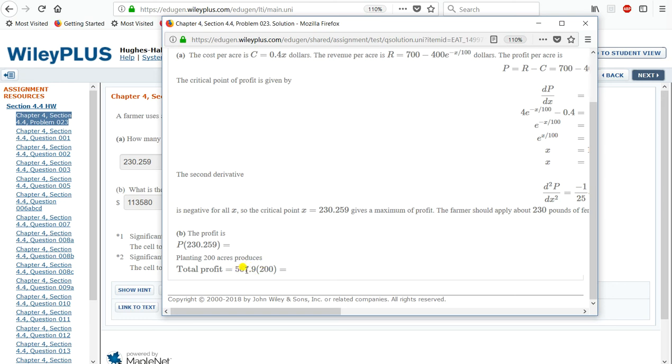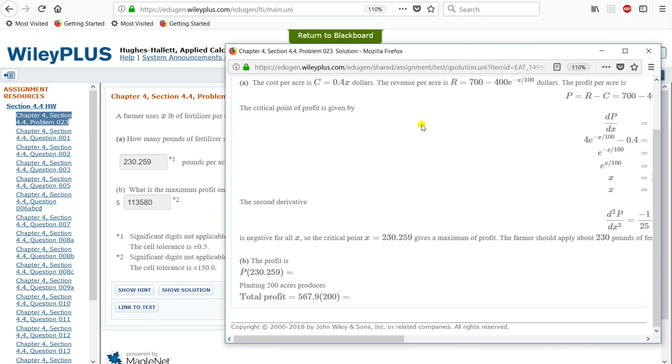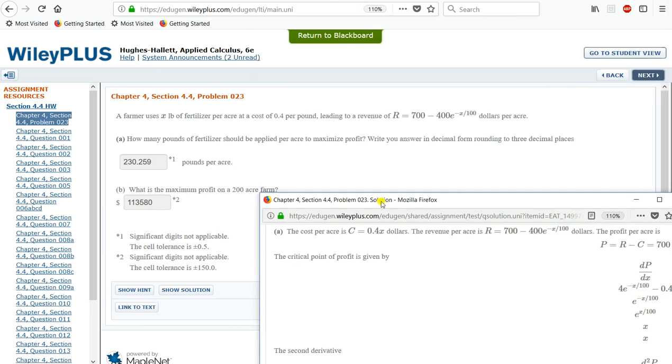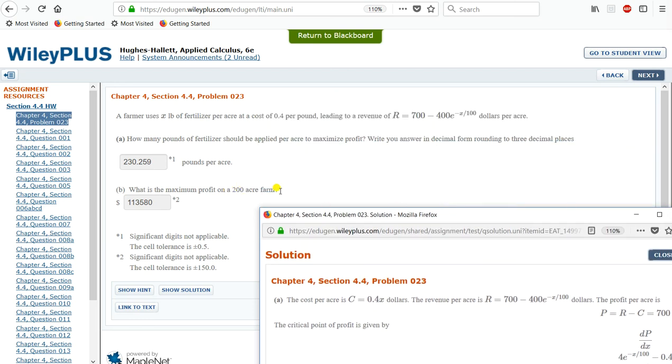This 567.9 is from here, and then multiply that by 200, and you should end up with this number here, because this is only for 1 acre, and you want 200 acres, so multiply by another 200. This is dollars per acre, so make sure you multiply by 200 to get to a 200-acre farm.